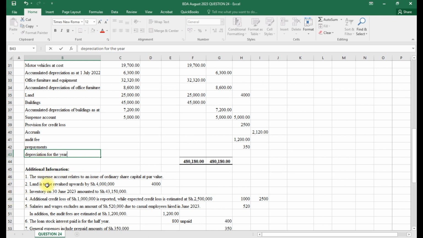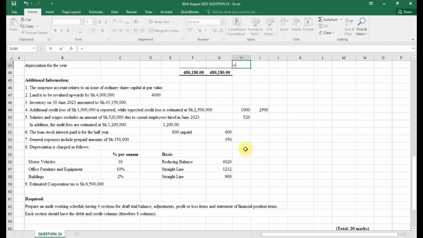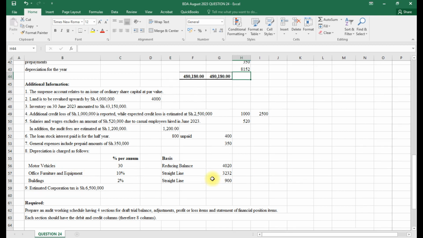I will combine it, and it will be an expense here. Depreciation for the year will be the three of them, this, and I add this, and I add this. All these will be an expense for that particular year. Then I will credit accumulated depreciation.